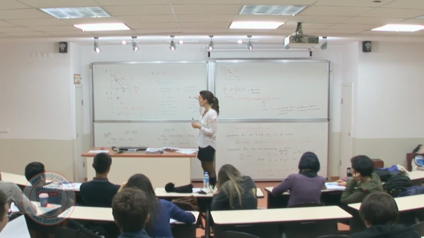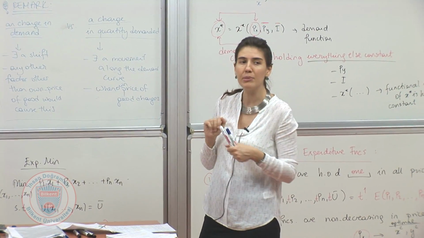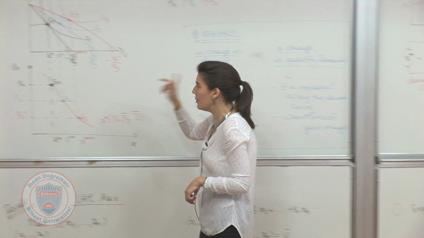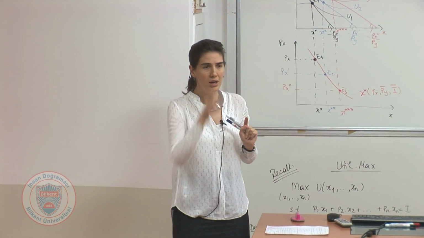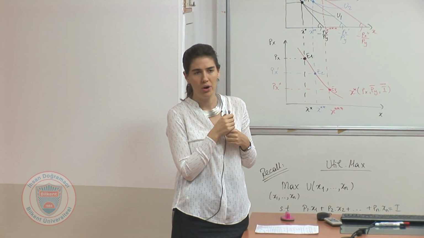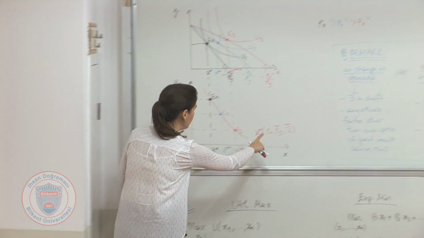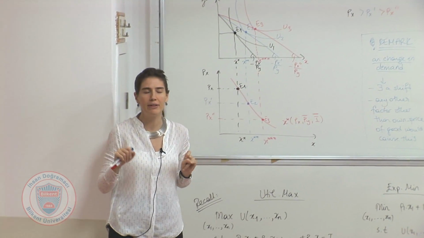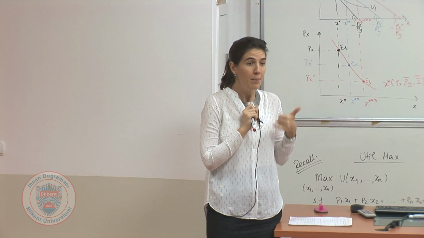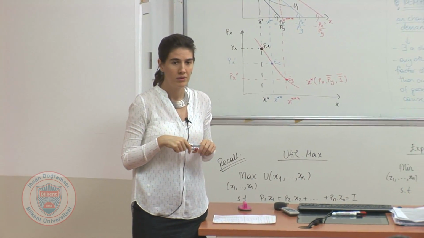We can ask a very similar question. On E1, E2, E3, when I move along the demand curve, I'm keeping PY, I, the tastes, the preferences, and everything constant, yes? But what else is changing?